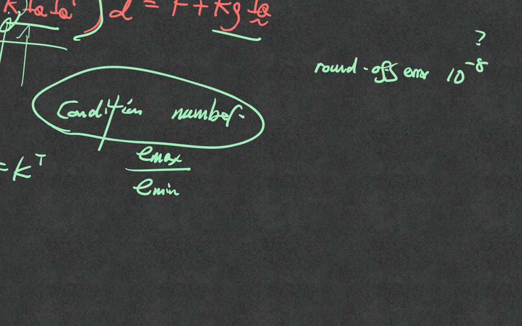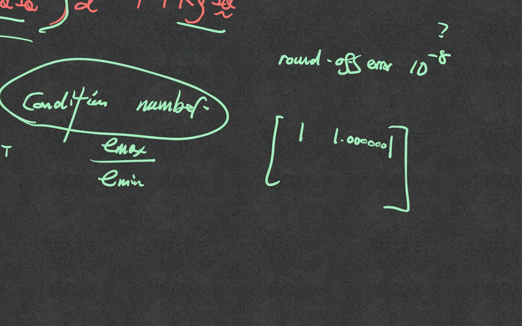So for example, if you have a matrix that is 1 and then 1 prime, 0, 0, 0, 0, 0, 0, 1. Can you create a very unstable system? I just give you the first column. Can you write the second row so that it makes the condition number very high?